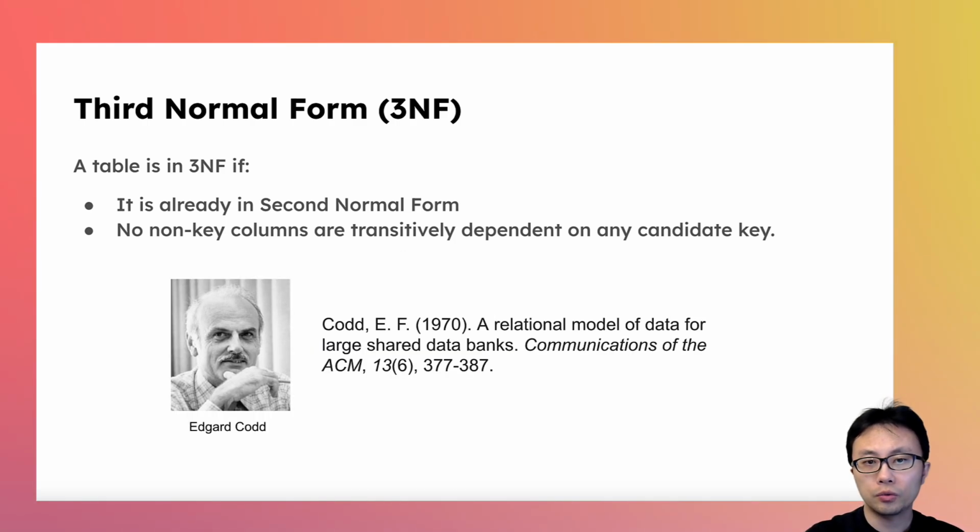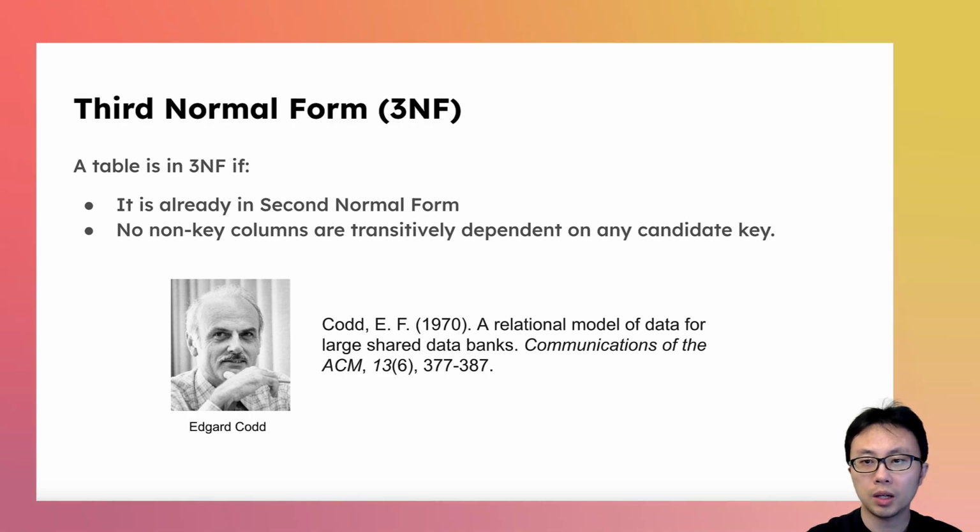The third normal form was developed by Edgar Codd in 1970. His work laid the foundation for nearly all modern database systems, for which he won a Turing Award. The development of the third normal form was detailed in his paper titled A Relational Model of Data for Large Shared Data Banks, published in 1970.